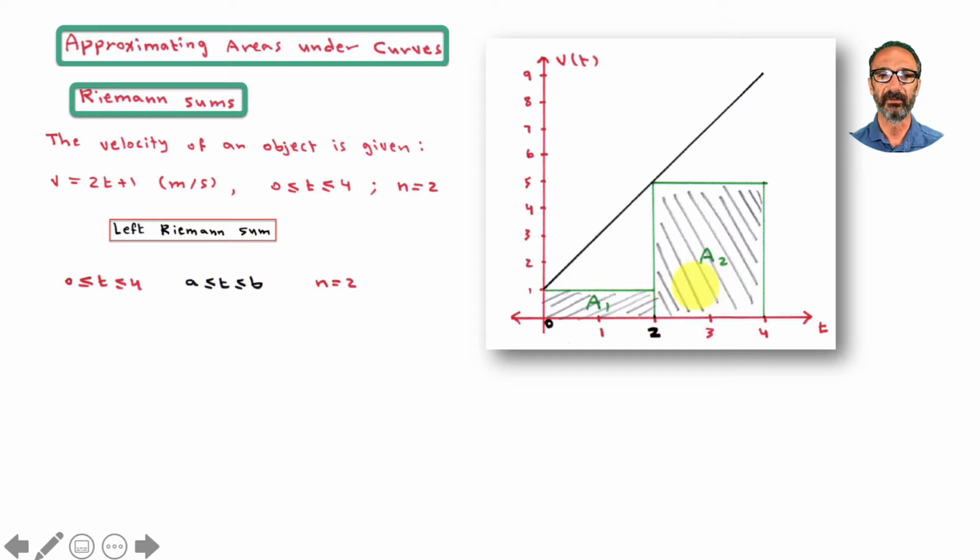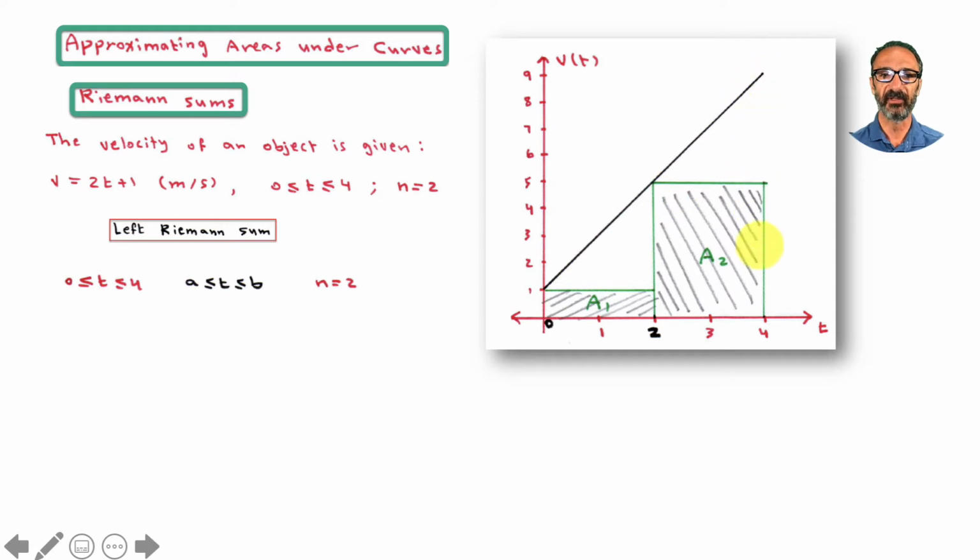Second interval is going from 2 to 4, and my left part is 2. 4 is my right. I'm not going to use the 4. My left is 2. From 2, I reach out to the graph and stop right there. So I'm building the bar based on my left. f of 2 is 5, because 2 times 2 plus 1 is 5, and I'll stop right there.